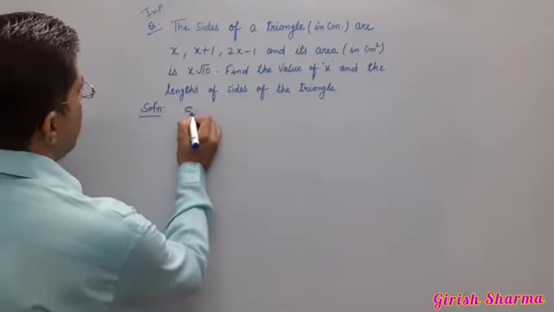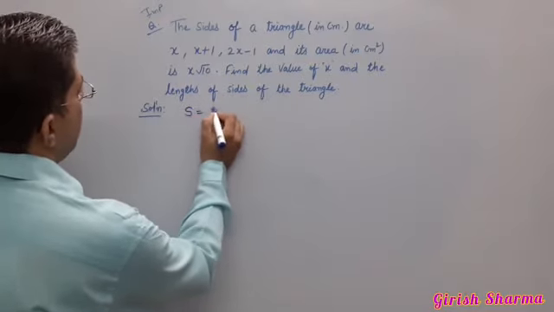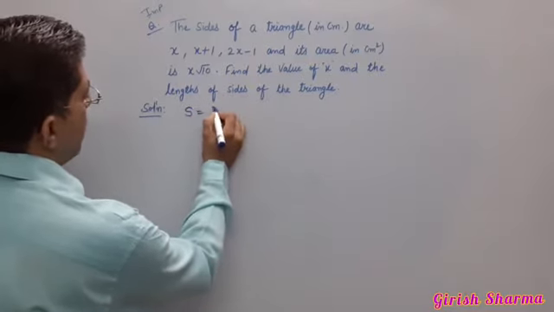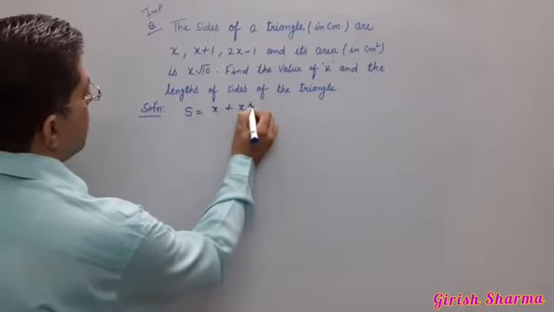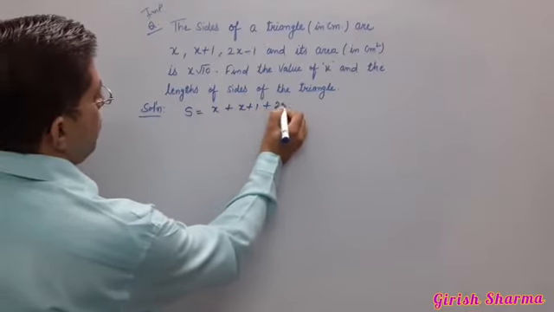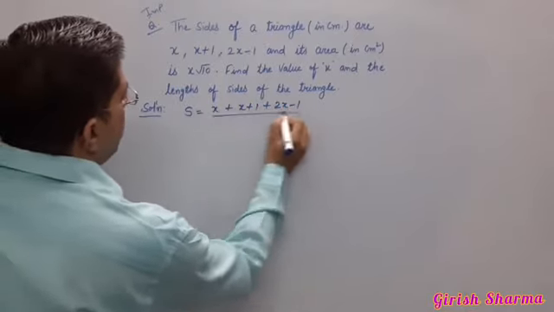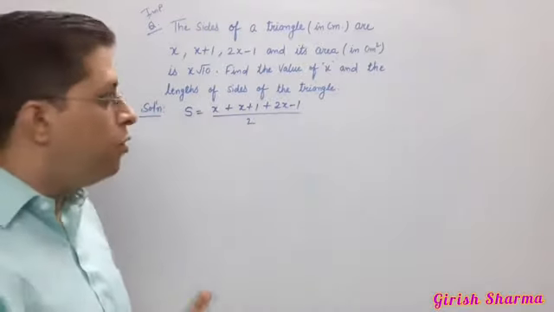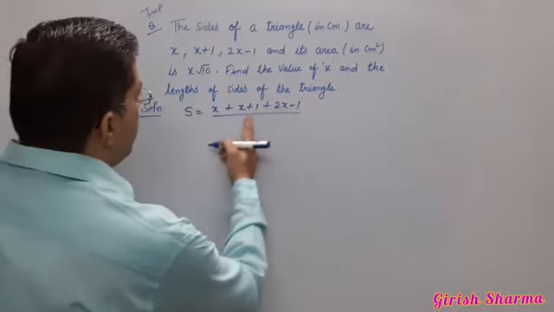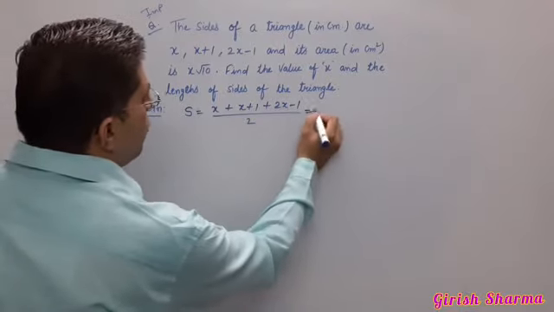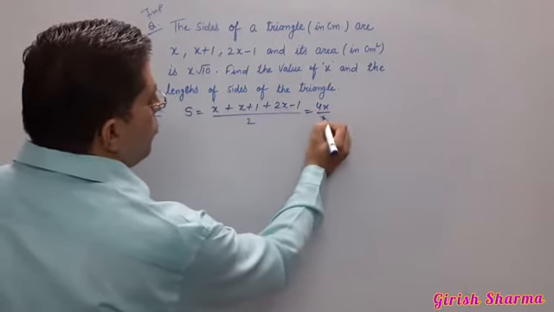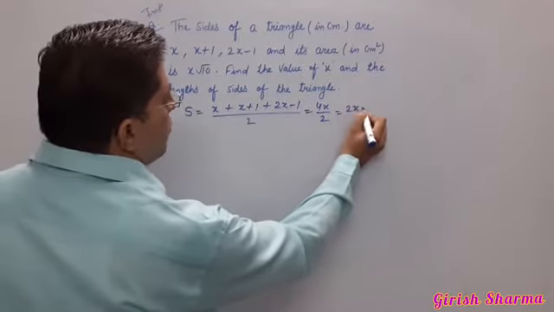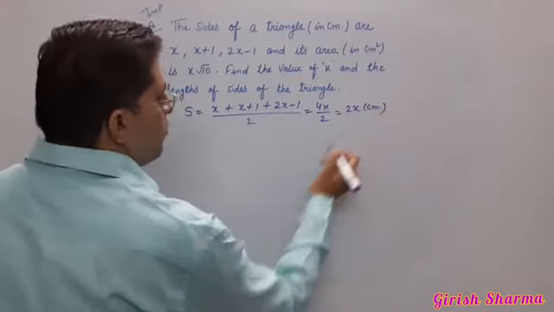What will be its semi-perimeter? Sum of three sides, x plus x plus 1 plus 2x minus 1 upon 2, that is a plus b plus c upon 2. This is 4x upon 2, 2x centimeter.